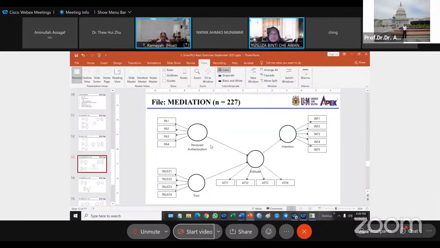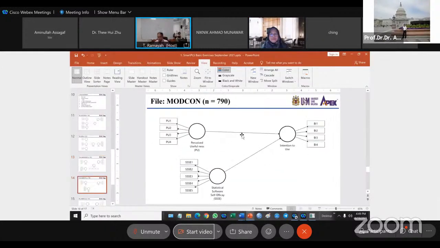So for moderation, we will look at this example where we have a continuous moderator. The independent variable is perceived usefulness. The dependent variable is intention to use.